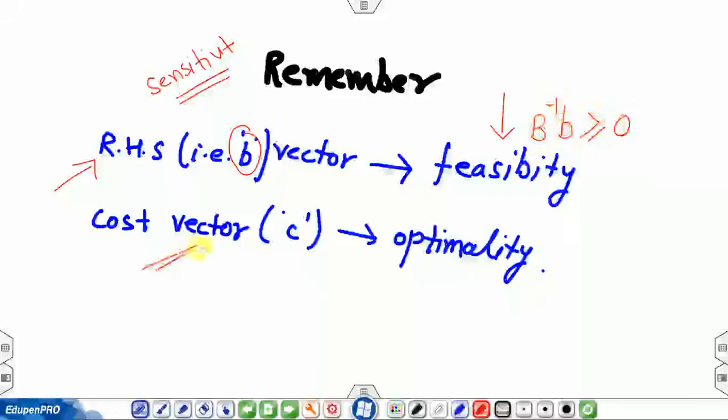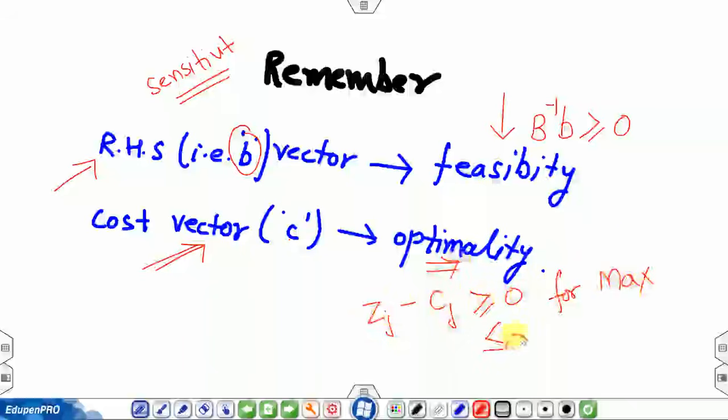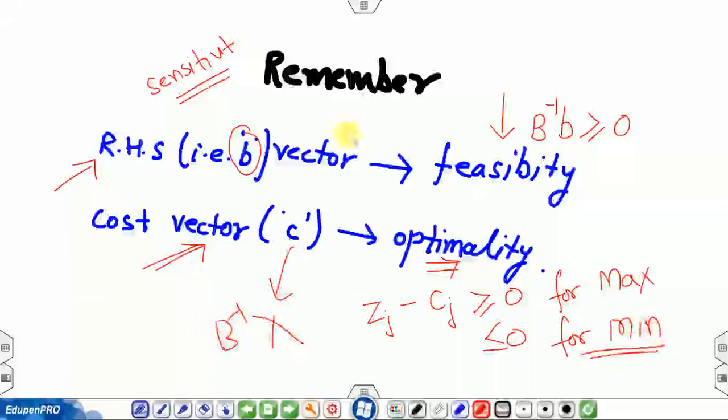Whenever you are talking about the cost vector C, we are talking about optimality, and your target is to check Zj minus Cj should be greater than or equal to 0 for the maximization problem and less than or equal to 0 for the minimization problem. So there is no role of B inverse here, and on the feasibility side there is no role for Zj minus Cj.